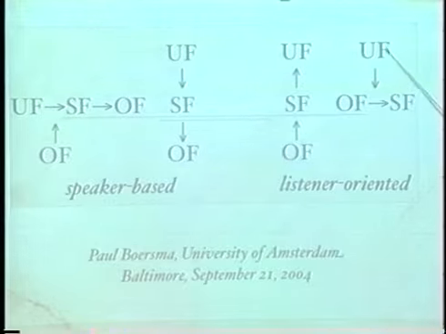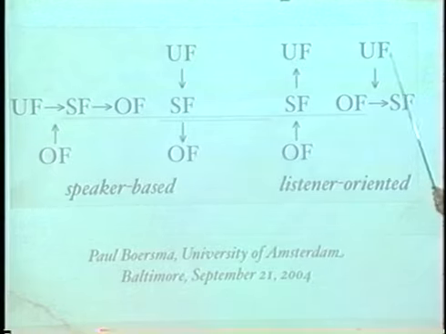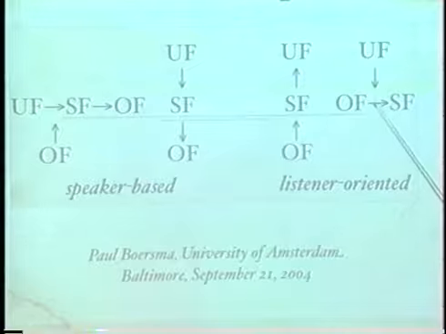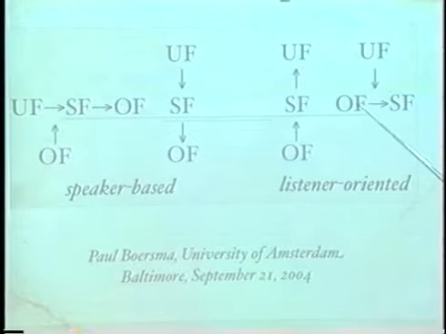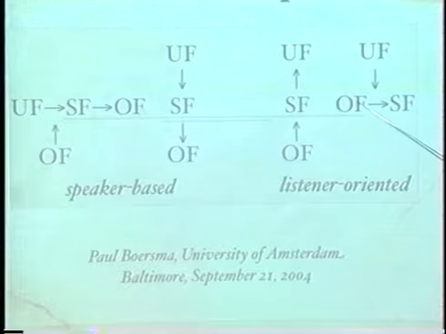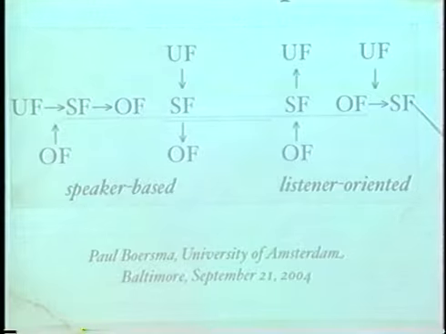The task of the speaker in this model is very different from what the speaker does here. Given an underlying form, the speaker doesn't choose a surface form directly, but she chooses an overt form that is a pronunciation. And from all candidate pronunciations, she computes the hidden surface structure that she thinks the listener will construct from it.